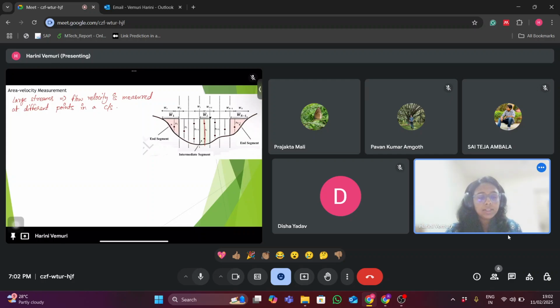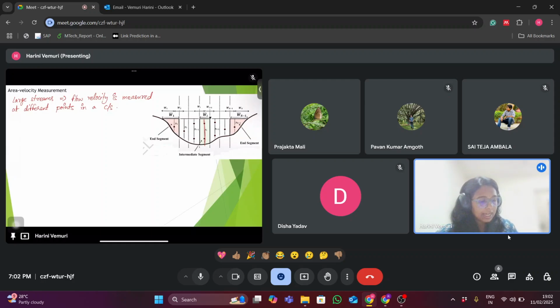Okay, in an echo depth recorder, we send sound waves, and the sound wave sent from above gets reflected from the bottom of the river, right? We calculate the time interval between sending and receiving the signal, and based on that, the depth of the river is estimated.